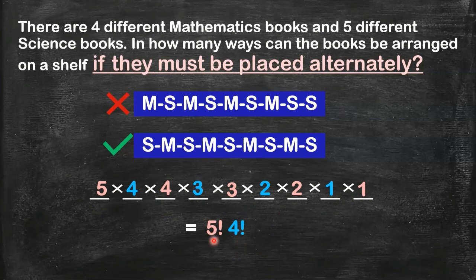If you do the math, or if you want to use your calculator, or do it mentally, you should be getting 2,880 ways. There are 2,880 ways to arrange the mathematics books and the science books such that they are placed alternately.